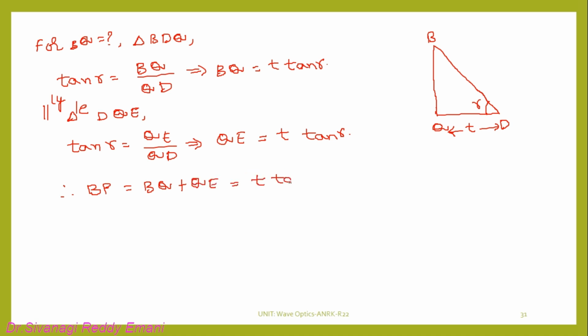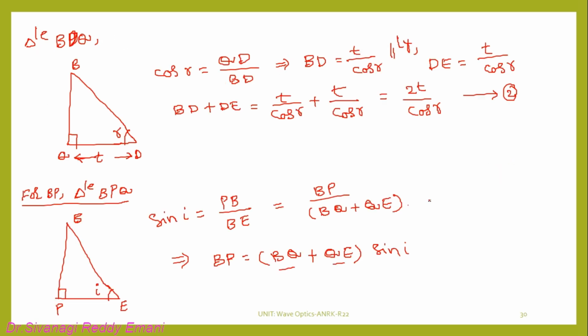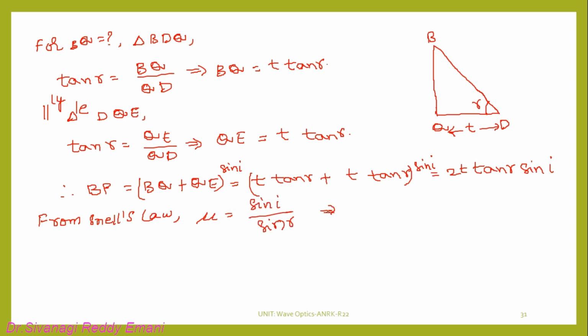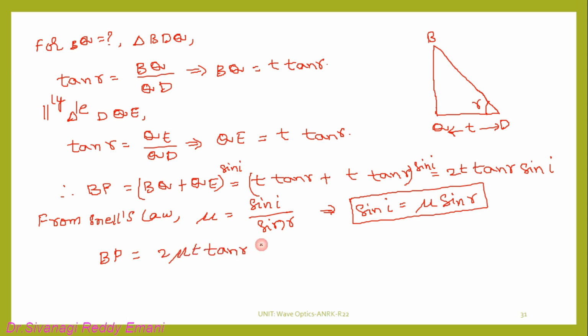So that will give T tan R plus T tan R. If we see BQ, here sin I is there, so we have to add the sin I. And we know from Snell's law, we can write refractive index mu equal to sin I by sin R, meaning the incident angle we are converting: sin I is equal to mu sin R. So this one we will replace in the above expression, and that leads us to BP equal to 2 mu T tan R sin R. So this BP value we got now. This is equation number 3.